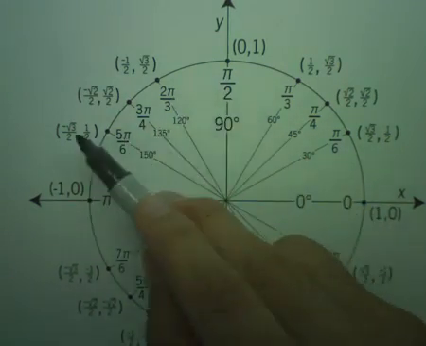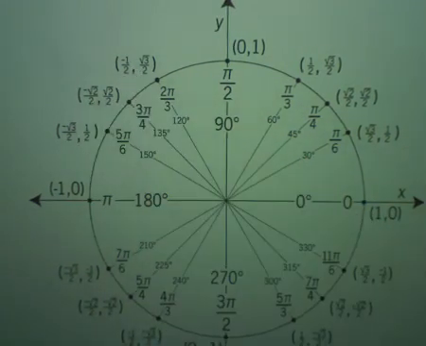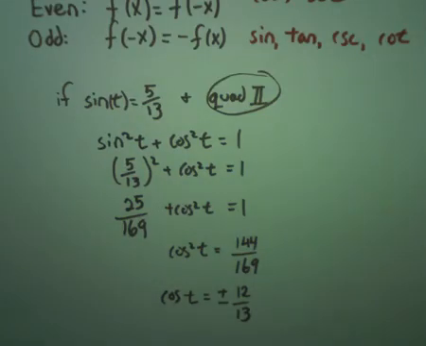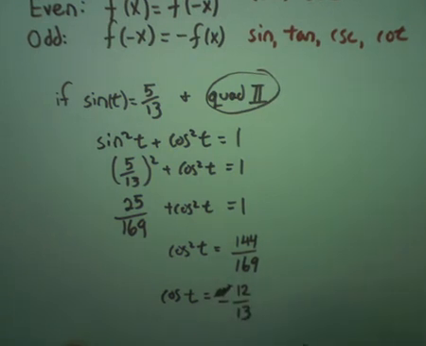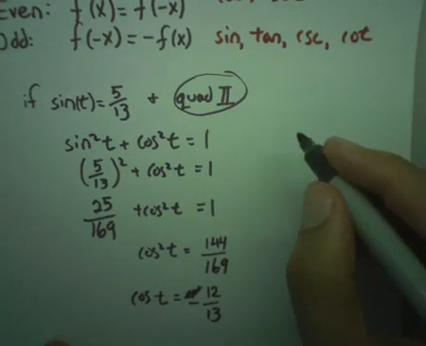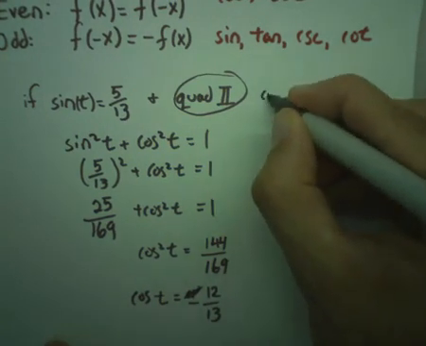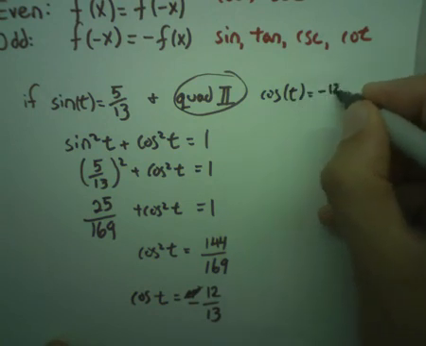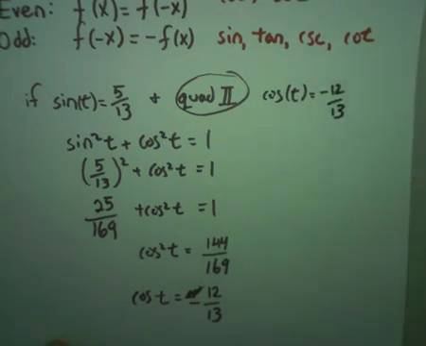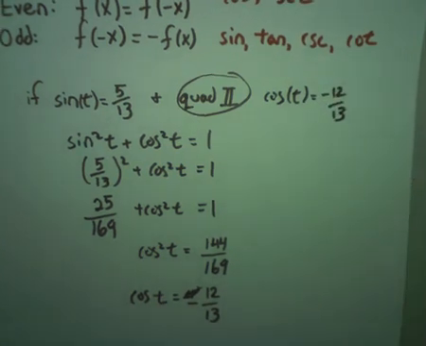Cosine's the x-coordinate, so in quadrant 2, cosine is negative. So we know that it's not the positive version, that cosine is negative 12/13. So we've got the value of sine and we've got the value of cosine, which means now we can figure out the other 4.